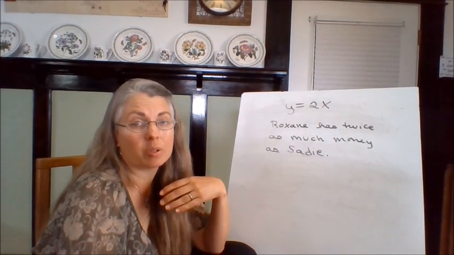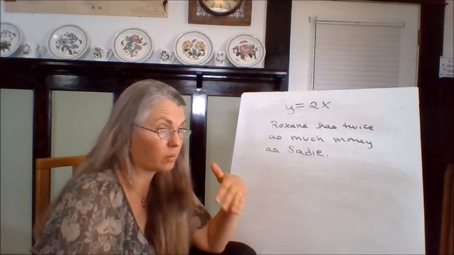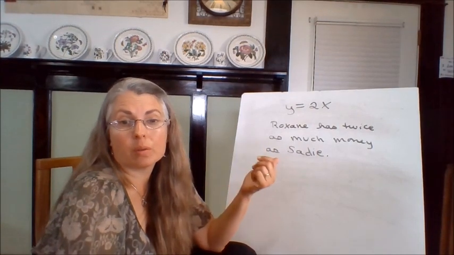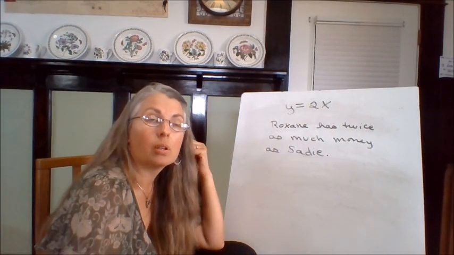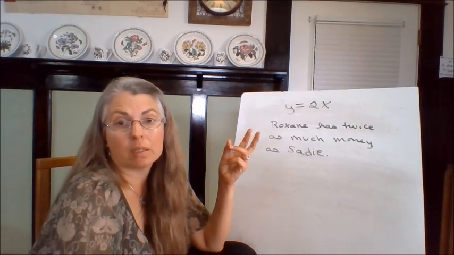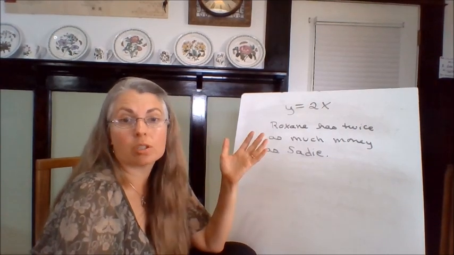There's all kinds of different vocabulary that you might have come across in previous math classes or science classes or social science classes or future math classes. You could have variables, parameters, constants, coefficients.